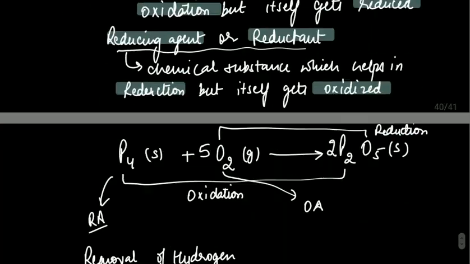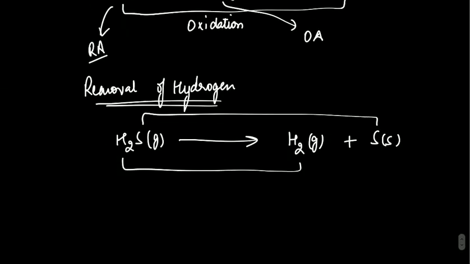So removal of hydrogen is oxidation. Definitely H2S, because we have a single reactant over here, this single reactant will act as a reducing agent and oxidizing agent both, because we don't have any other reactant. In hydrogen sulfide, we can define which element is undergoing oxidation and reduction.